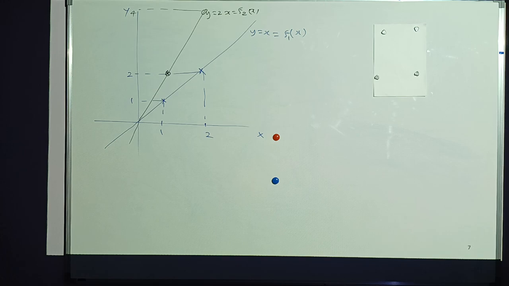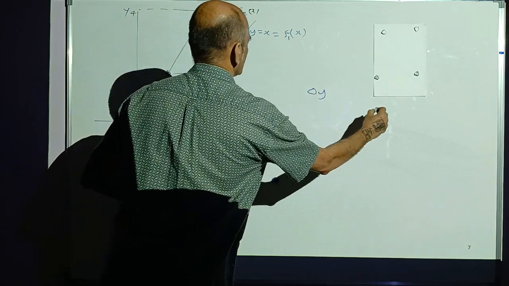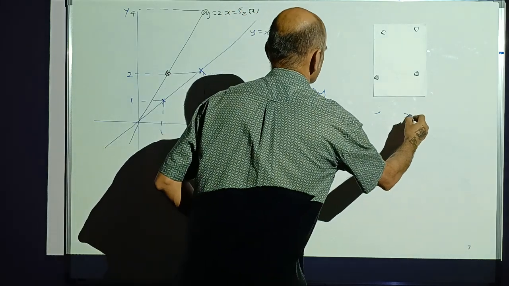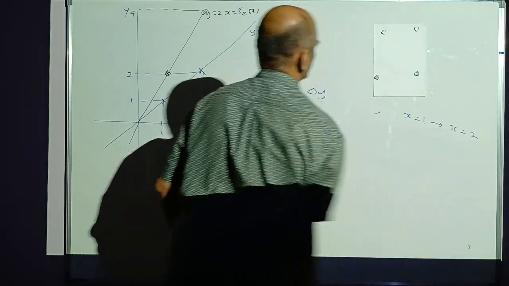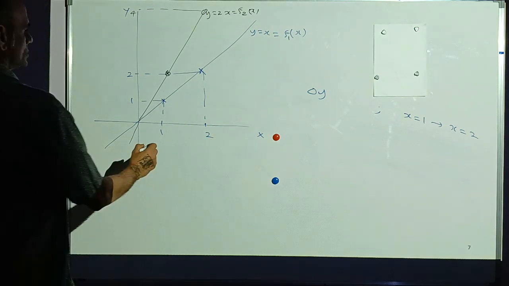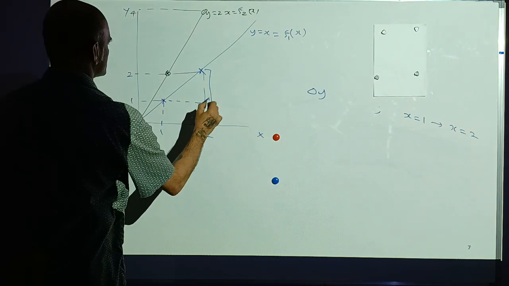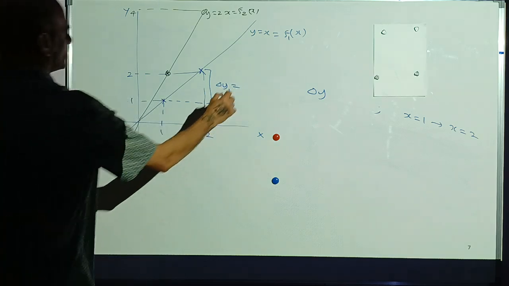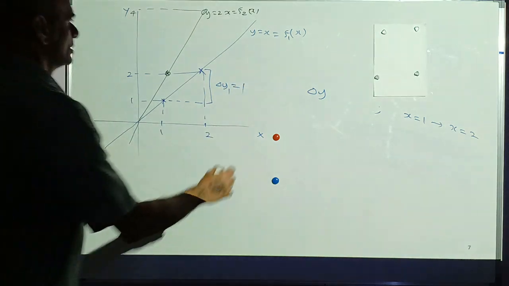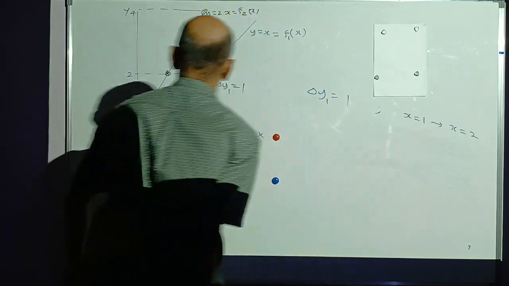So for the two functions, I can find delta y when x is changing from 1 to 2. For the first function, the change in y is 2 minus 1, that is 1. So delta y for the first function is 1 for this change of x.